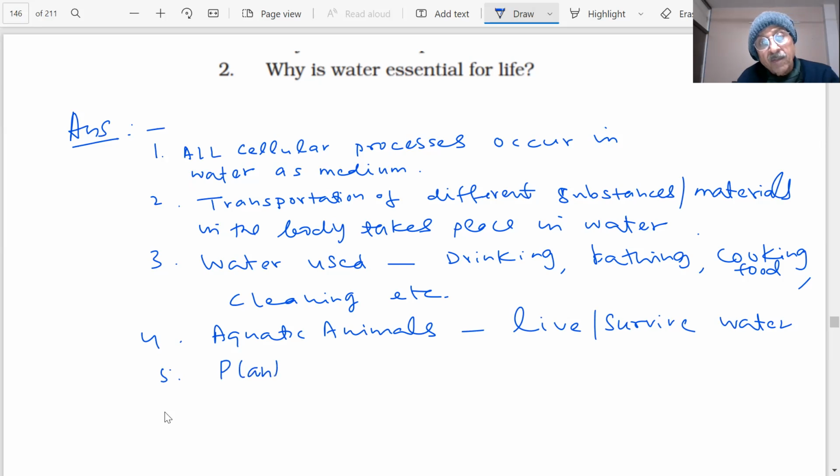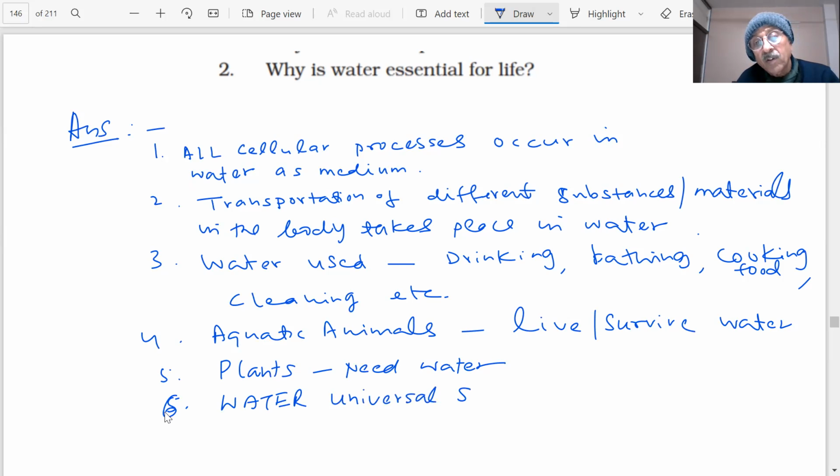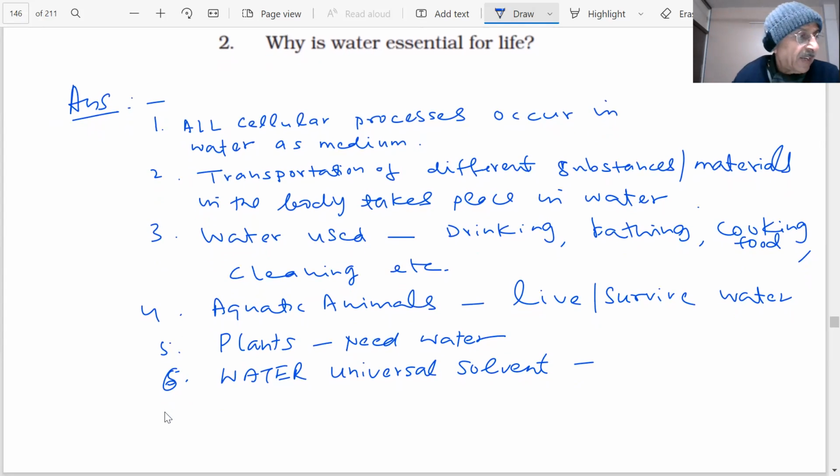Plants need water. Water is a solvent. What is a solvent? Which can dissolve solute in it. Substances dissolve in the body also. It acts as a solvent.